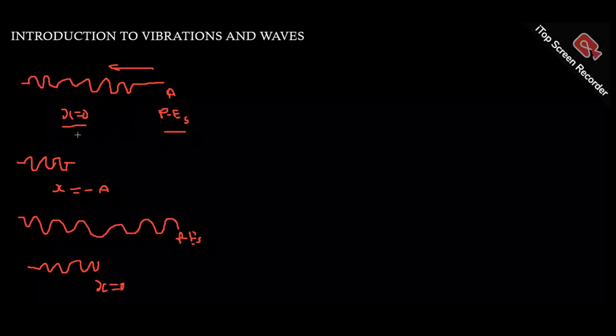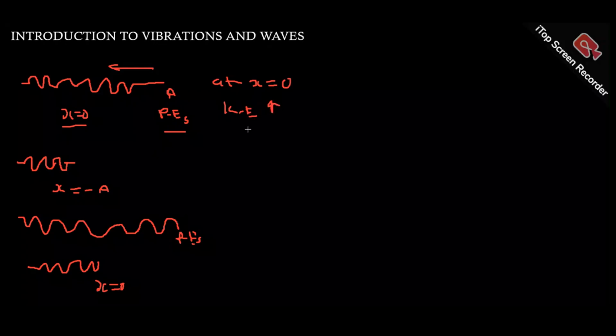Okay, now let's talk about where x is equal to 0. We say that this energy will be slowly converted to kinetic energy. When it reaches there, this potential energy will be entirely converted to what? Kinetic energy at x is equal to 0. So at x is equal to 0, kinetic energy is the maximum.